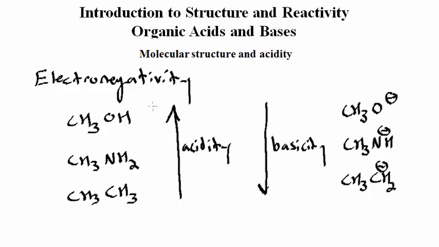So methanol is the strongest acid, methylamine is the middle, and then ethane is at the bottom. The methoxide ion is the weakest conjugate base, and the ethyl anion is going to be the strongest conjugate base. So not surprisingly, these pKa values increase as you go down here.